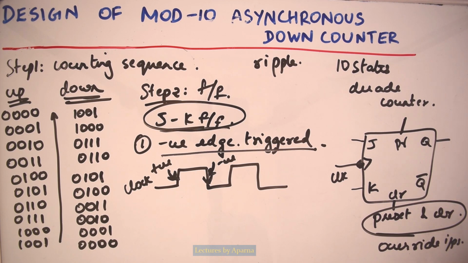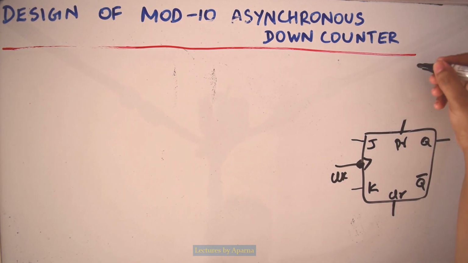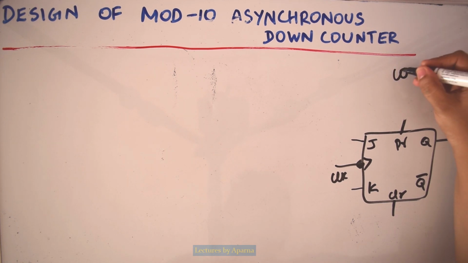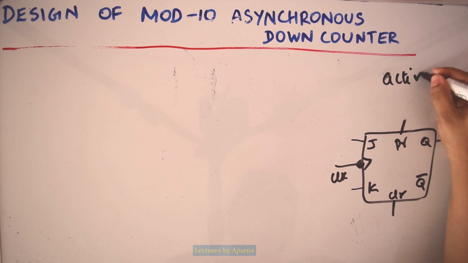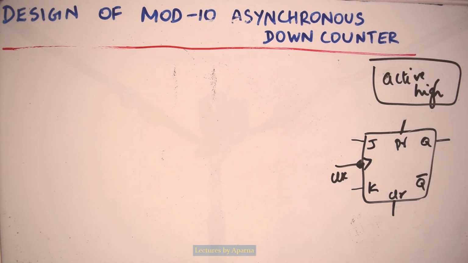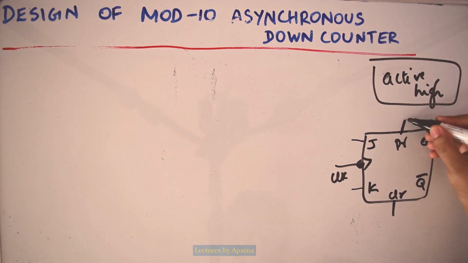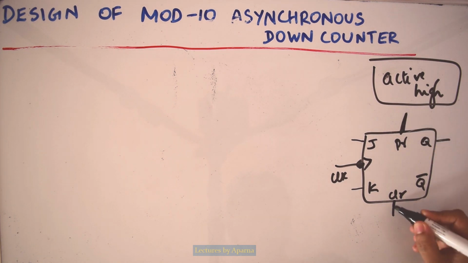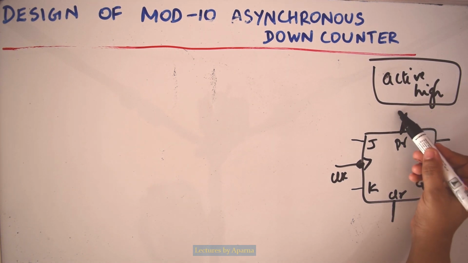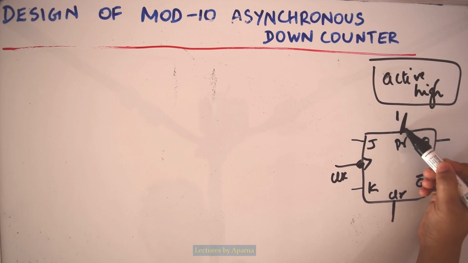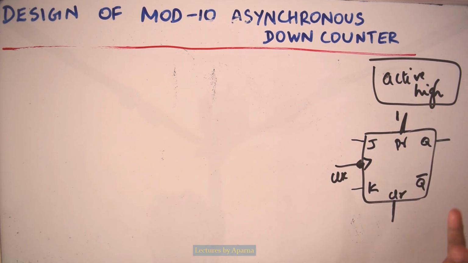So what is the function of preset and clear? Consider I am considering a flip-flop which is active high. This is a case for active high flip-flop. So if it is active high, it will not have a bubble here. So in active high JK flip-flop, when a 1 comes here at the preset, it will do its function.